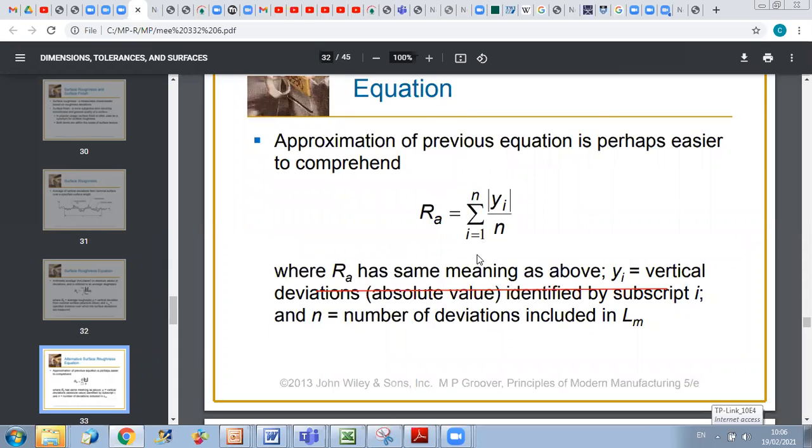So it's the summation from i to n of the absolute value of y_i over n, where Ra has the meaning of average roughness, y_i is the vertical deviation, and n is the number of points you included. Of course, the higher the number of points, the more accurate the roughness value is.